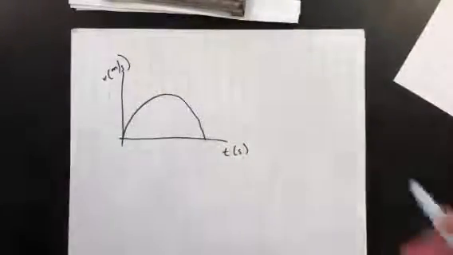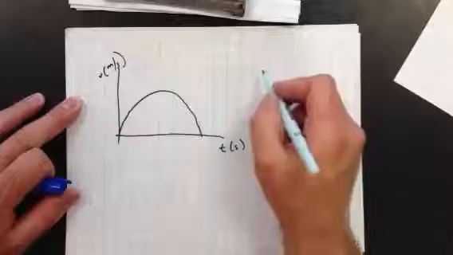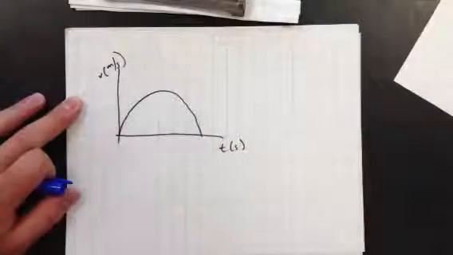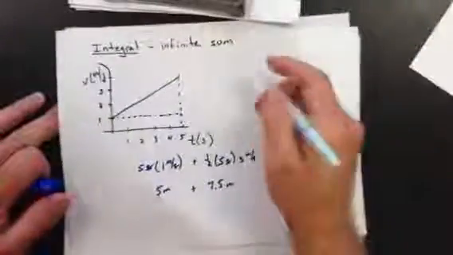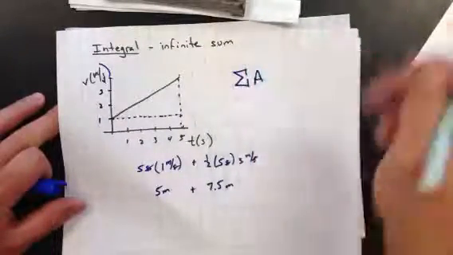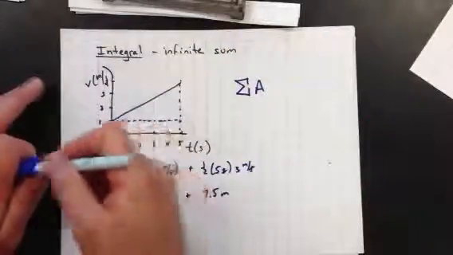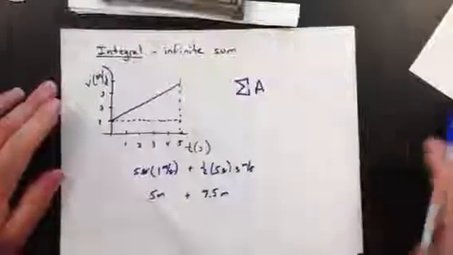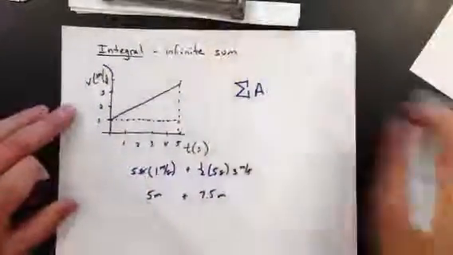What we'd have to do is we sum up all the different areas. So for the previous graph, pull that back over here. Okay, we're basically doing a summation of all of the areas within this graph. And I'm going to ignore my phone, so let's see if we can get through this. Okay, sum up all the areas.